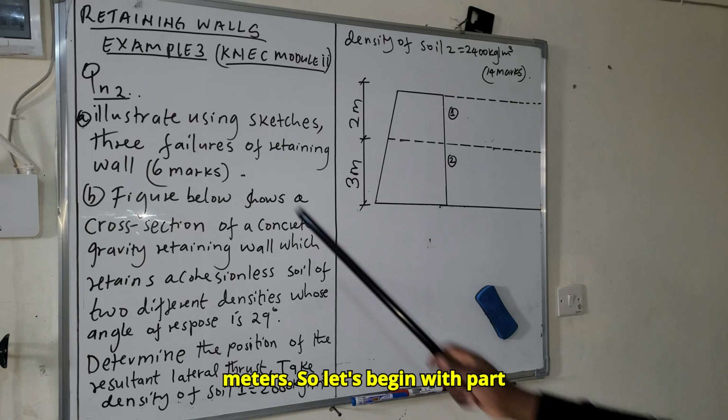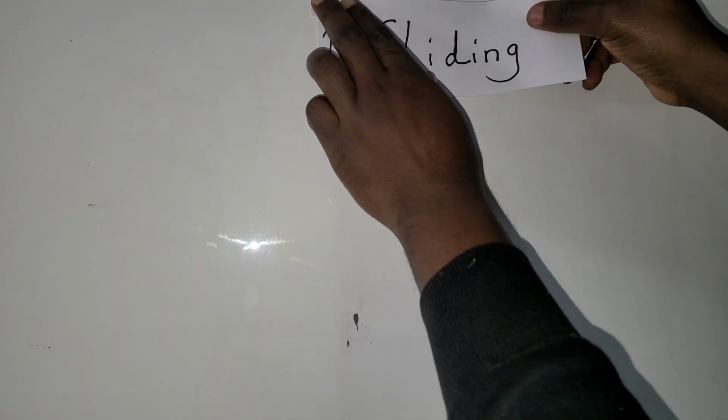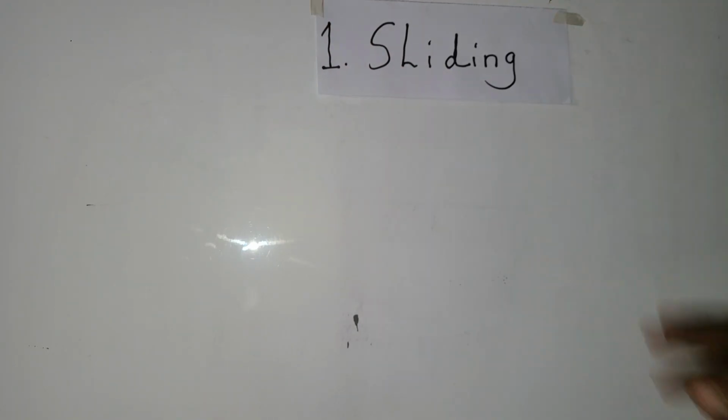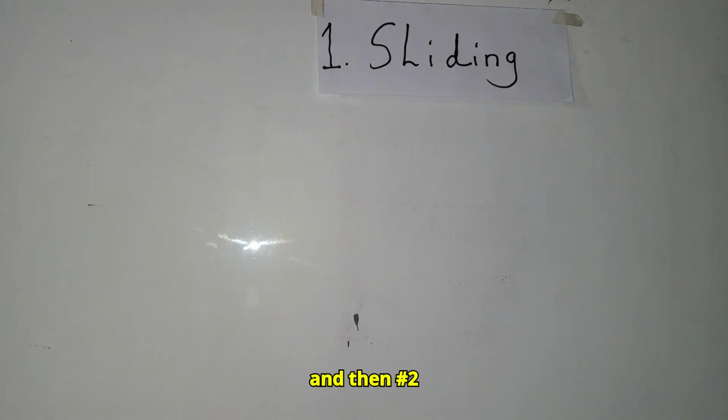So let's begin with part A, which is the 3 failures of a retaining wall. Number 1, we have sliding. Number 2, overturning.